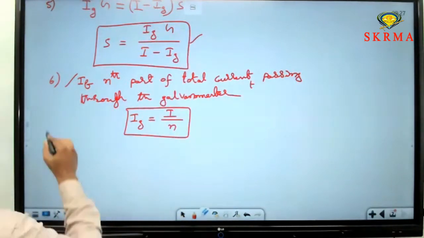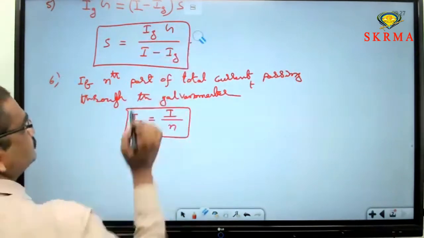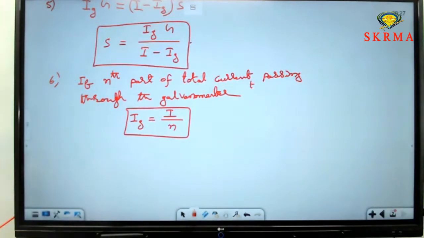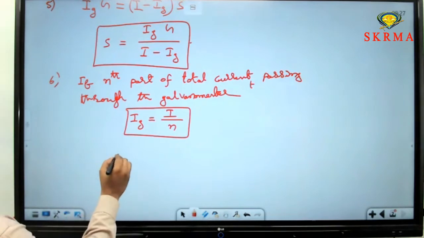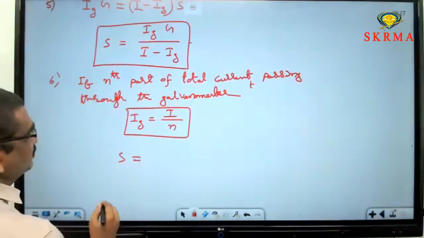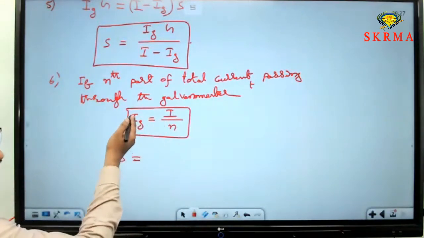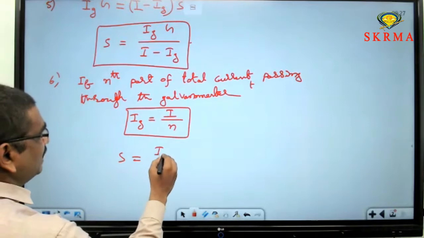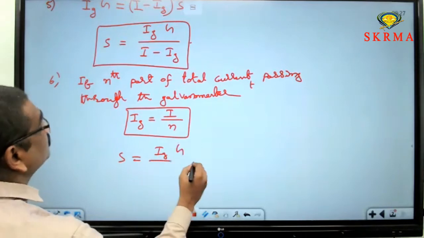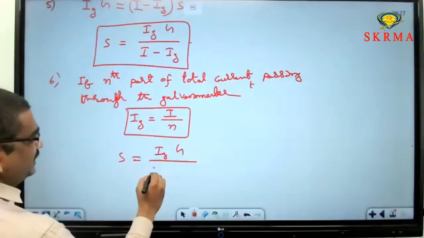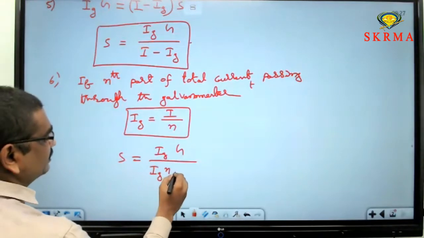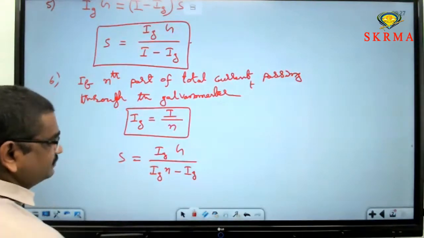Instead of Ig, we need to substitute I by N. Can you solve for that? What is the value of S? S equal to Ig into G by, instead of I, we can write Ig into N minus Ig.